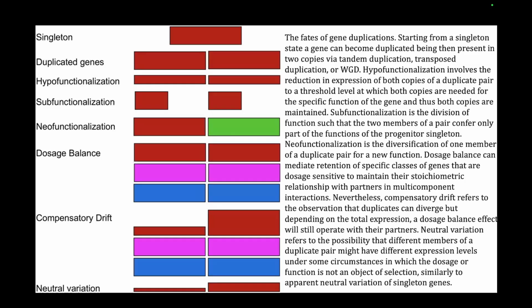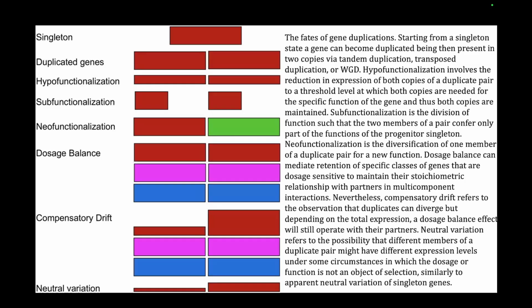Subfunctionalization would be basically the division of functions, such that the two members of a pair confer only part of the functions of the progenitor singleton. So instead of a singleton, you now have two copies. Say, for example, this gene used to code for some important protein. Now it has two copies of the same gene.